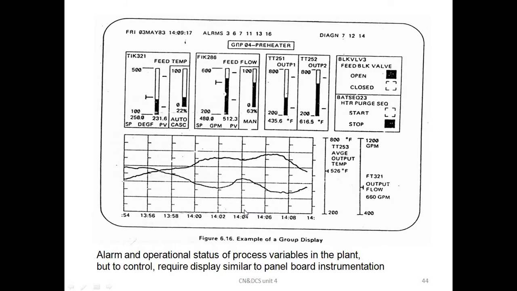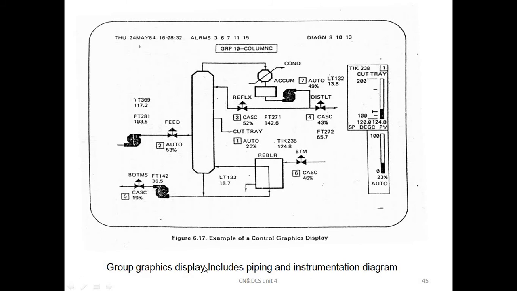Here the alarm and temperature functions in the variable of the graphical representation, the alarm and operational status of process variables in the plant, but to control record display similar to the panel board instrumentation.